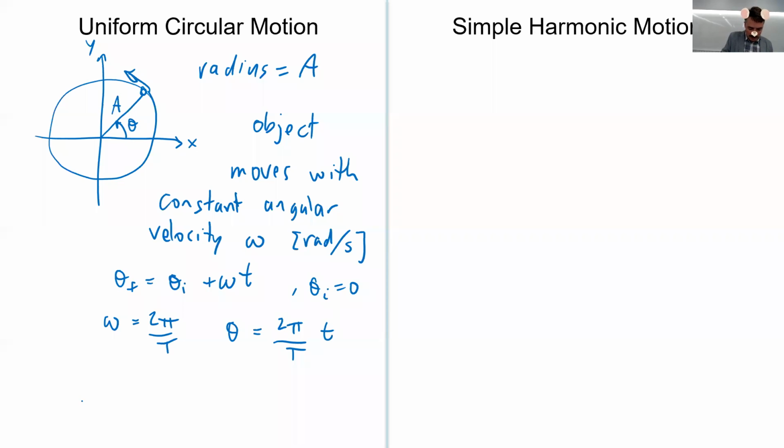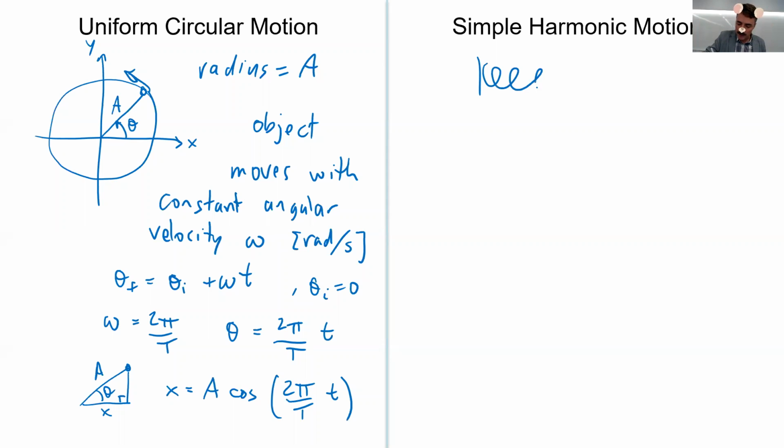And so if you wanted to look at, for example, the x coordinate of this object, this is theta, this is A, at some time, if this is x, then cosine of theta is x over A, and x is equal to A times the cosine of 2 pi over T times t. So that's just uniform circular motion.